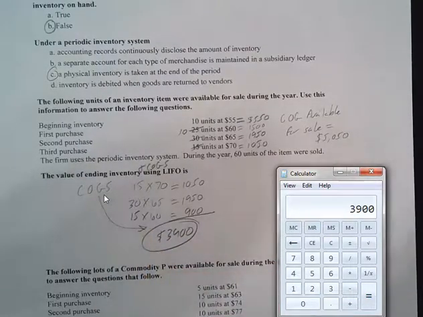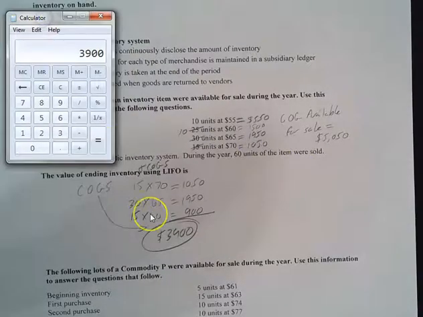All right? Then all we have to do is we can take this cost of goods available for sale and subtract the 3,900.